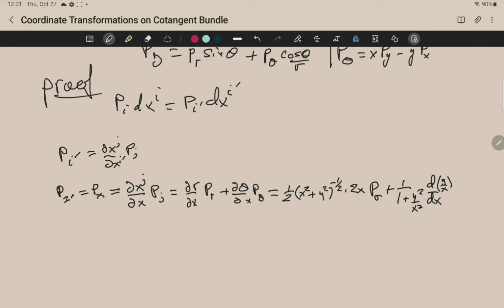That term gets multiplied by P theta. This simplifies: x over the square root of x squared plus y squared is just r, so x over r is just cosine theta.